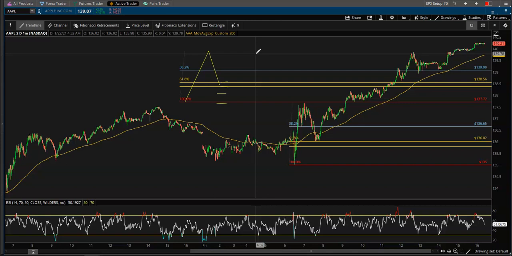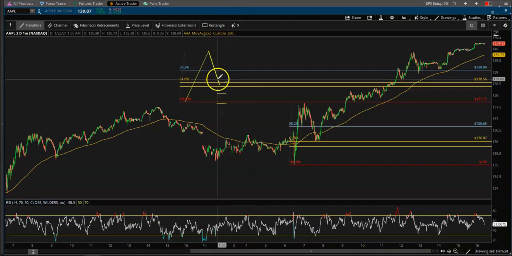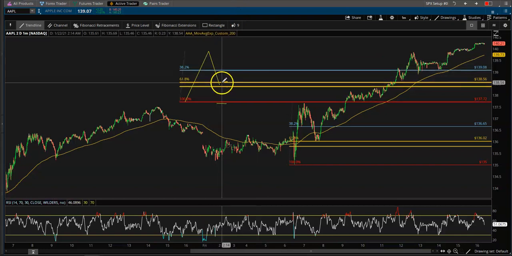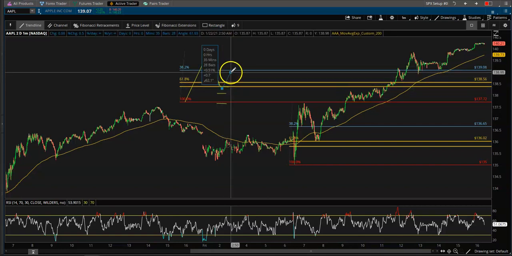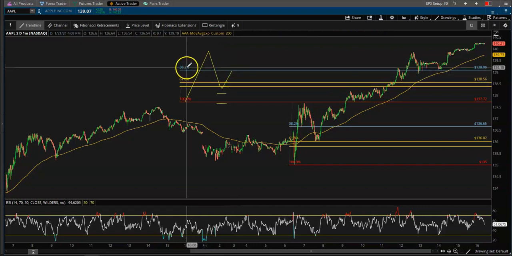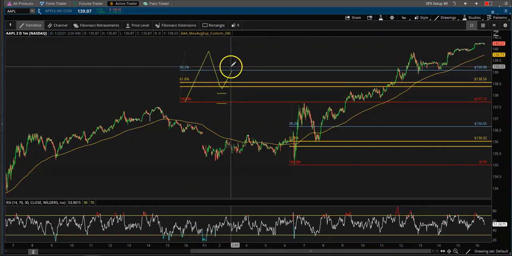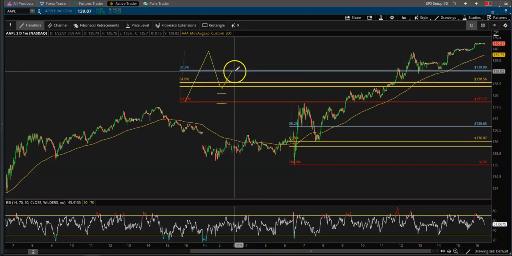And in this video, I'm going to focus more on little telltales of what to look for. But essentially, you want to look to be a buyer in this area. Maybe you get filled on both of them. It overshoots a little bit. And then your ultimate target is the 38.2, where you could sell everything and take your profits.